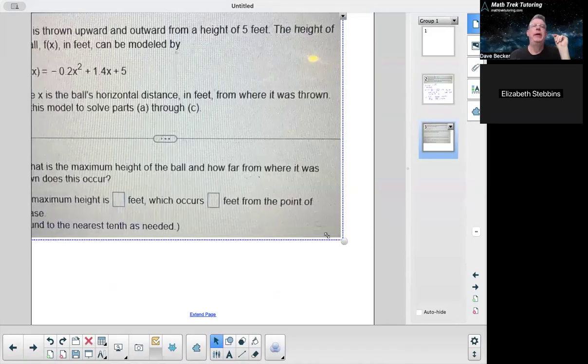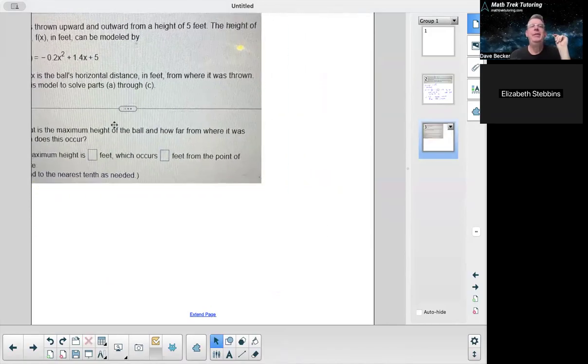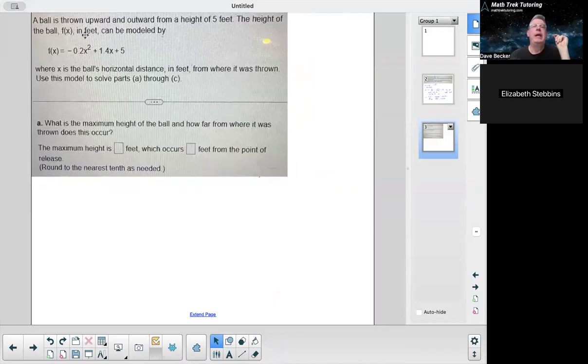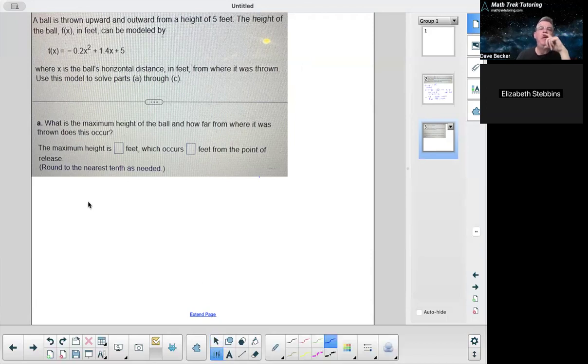Okay, so again, parabola, right? And it's sad. Any projectile is a sad parabola because the ball has to come down. I think a sketch is in order. So it's thrown from a height of 5 feet, right?